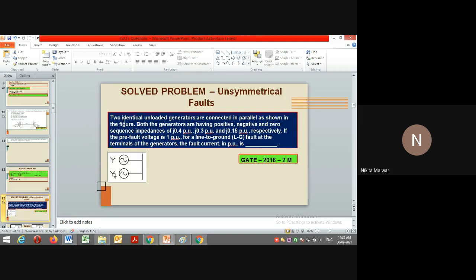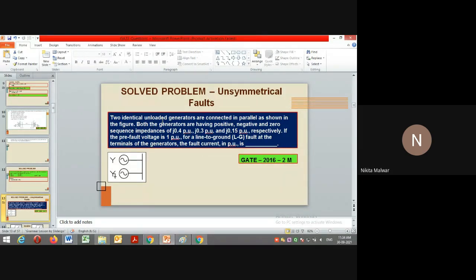What is your question? Two identical unloaded generators are connected in parallel as shown in the figure. Both the generators have positive, negative and zero sequence impedances of 0.4, 0.3 and 0.15 per unit respectively.